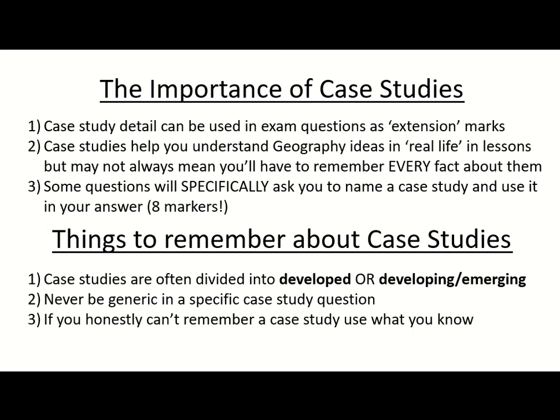And if you honestly can't remember case study information or what case studies to use, hopefully at least you'll know the difference between developed and developing, and just go with something. Use what you know. Use your local knowledge. If it's developed, you're lucky because you can probably use Norwich or you can probably use London. If it's a developing country, maybe you can only remember stuff about Mexico City, but there are lots of crossovers between the effects of rapid development, for example, in Mexico City that you will study in the proper case study for that, which would be India.